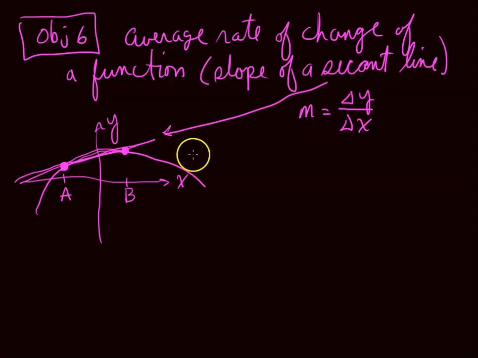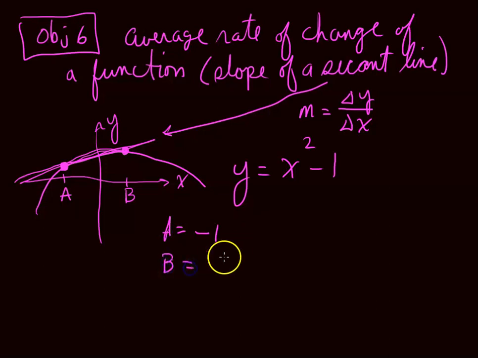So if we're given a function, let's say y equals x squared minus 1 again, and you want to find the average rate of change from negative 1 to 3. First of all, what are we looking at?